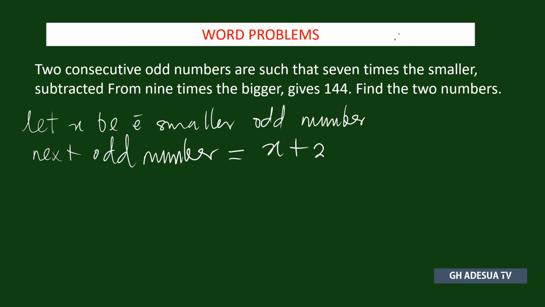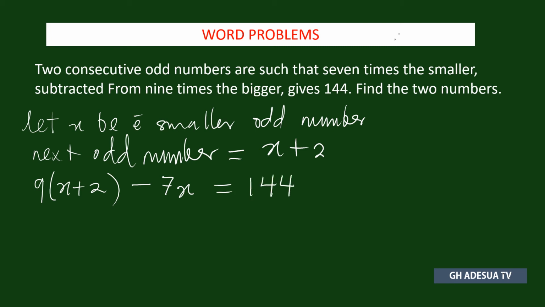It means 9 times the bigger would be there, then go and subtract the other one from it. So 9 times the bigger, what is the bigger? x plus 2. And then you are subtracting 7 times the smaller. So 7 times, what is the smaller? That is x. It will give you 144.